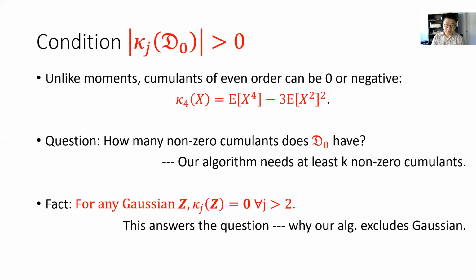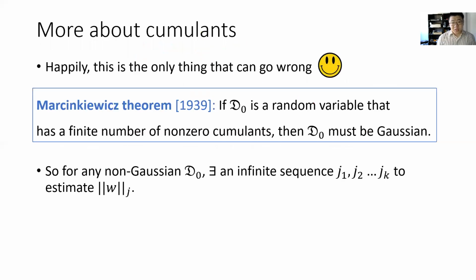One bad example is Gaussian random variables. From the cumulant generating function, all cumulants of order higher than 2 are 0 for Gaussian distributions. So this answers the first question, why our algorithm excludes Gaussian. But how about the other distributions? Happily, this is the only case that can go wrong.